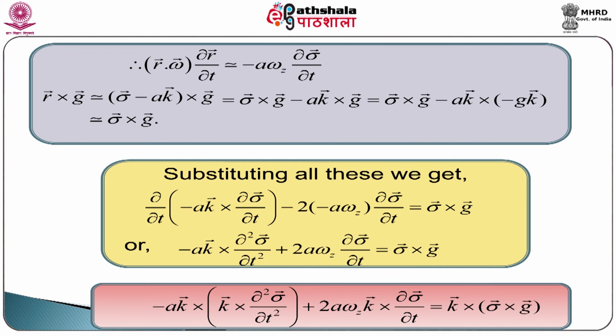This can be written as minus a k vector cross ∂²σ vector/∂t² plus 2a omega_z ∂σ vector/∂t equal to sigma vector cross g vector.